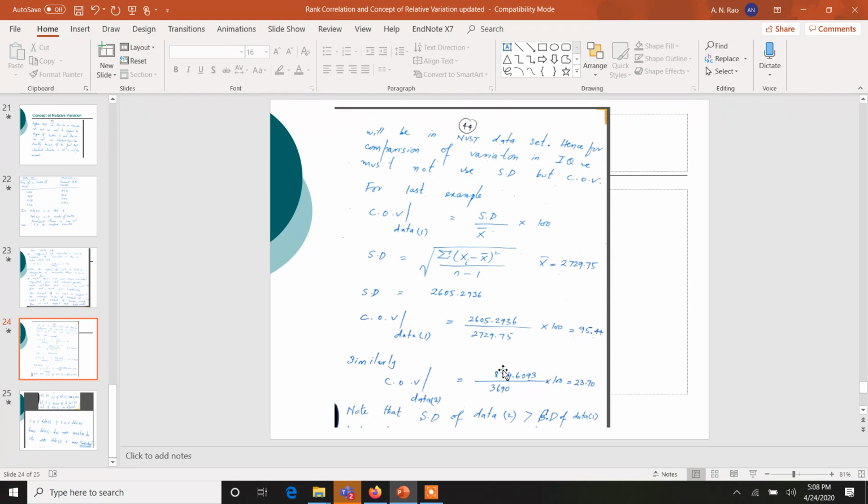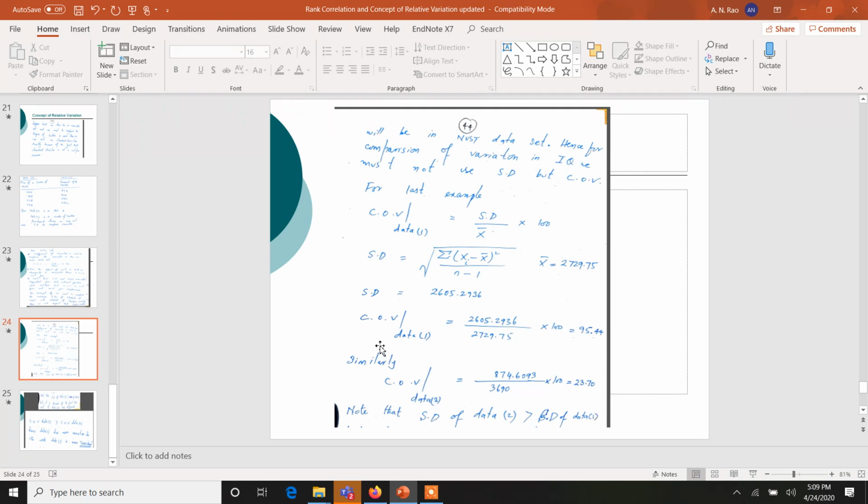I think this part, which I'm just commenting on, that the standard deviation of data 2 is higher, it's better to ignore it currently, because there was a typo in this last line, so I apologize for that. Just focus on the coefficient of variation. Forget about the line that I just spoke about, the standard deviation.